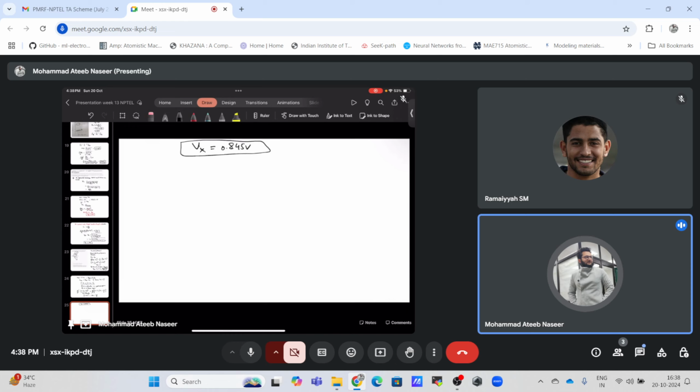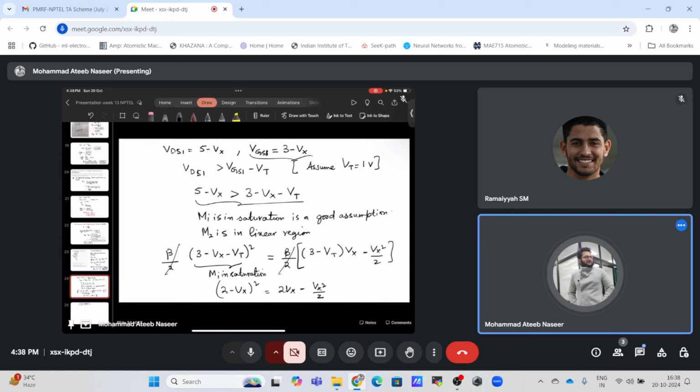Because M1 will now be in, for this bias, clearly for this Vx, VDS will be greater than approximately 1.9, since 3 minus 0.84 is about 2.1. Similarly, for this VGS, VGS minus VT is 2, which is less than VDS. And VDS1 and VDS2 is simply Vx.